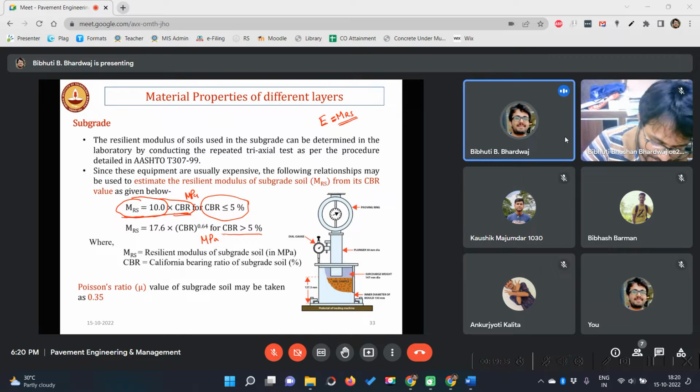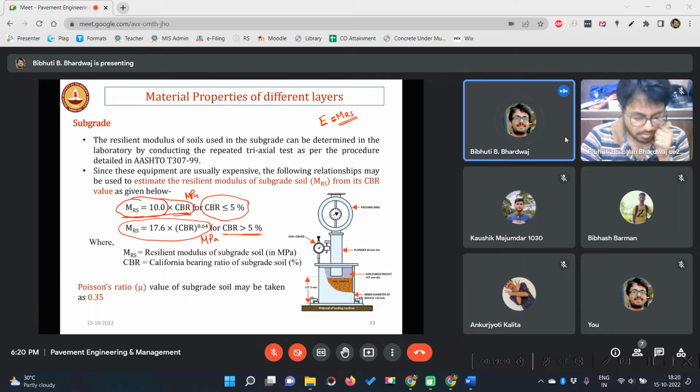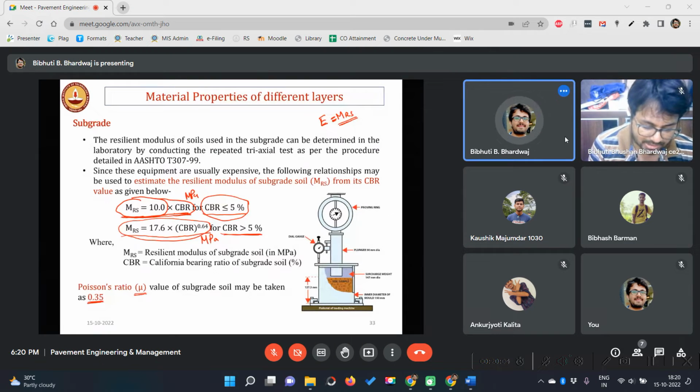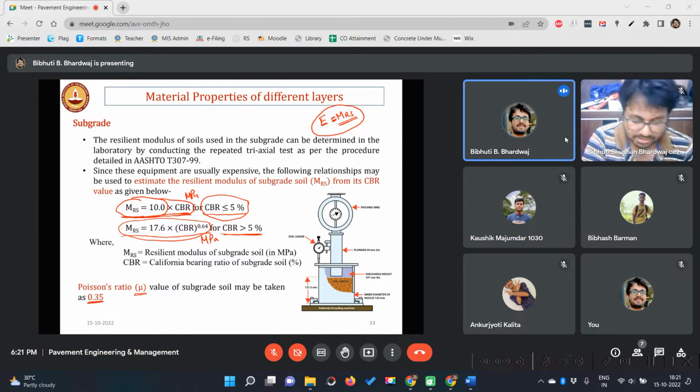If it is more than 5%, then you can use this formula. So please write down these two formulas also. For CBR less than 5%, modulus of resilience is this one. For CBR greater than 5%, modulus of resilience is this one. Now, this mu, Poisson's ratio of soil, can be taken as 0.35 directly. Okay. Directly we can take 0.35, this mu. So please write down at least these things, and you also write down that E is the modulus of resilience.